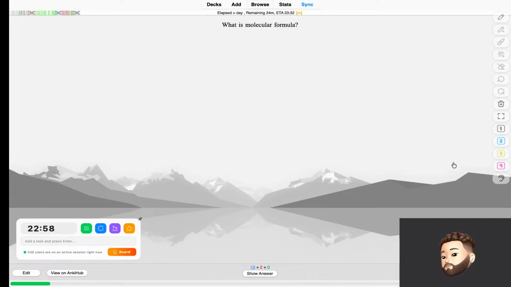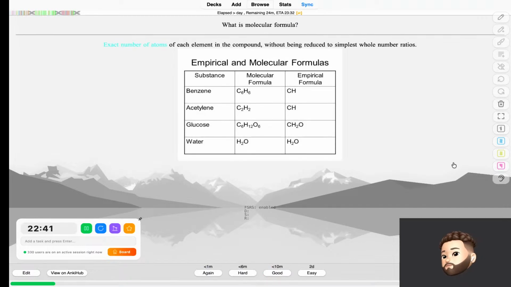What is a molecular formula? It is the exact ratio of whole numbers. So it utilizes the same proportions as the empirical formula, but it's a multiple of that. Exact number of atoms of each element in the compound.